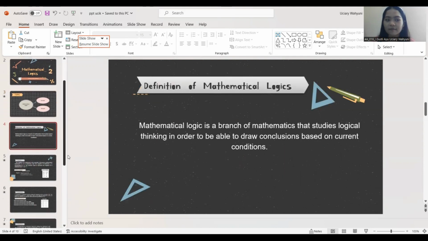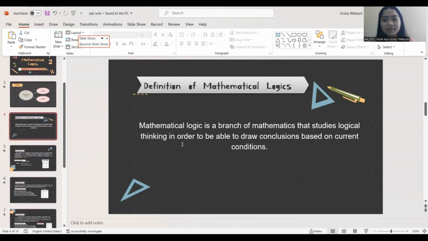Mathematical logic is a branch of mathematics that studies logical thinking in order to be able to draw conclusions based on current conditions.